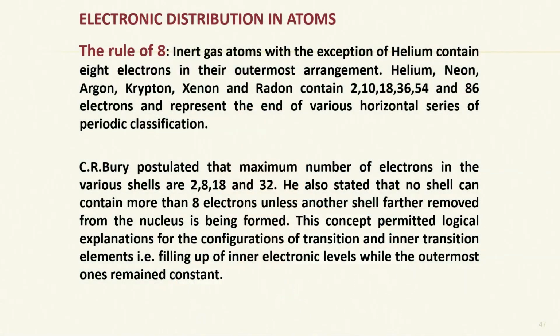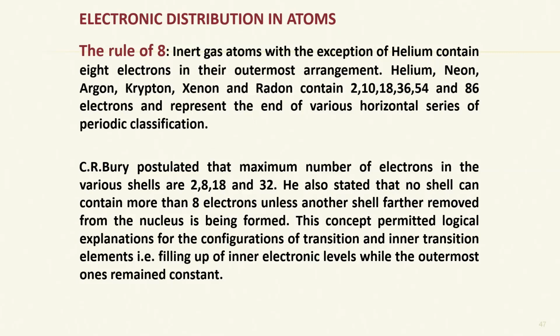So, look at this slide now. The electronic distribution in atoms: the first rule we have to consider is the rule of 8, that is, inert gas atoms with the exception of helium contain 8 electrons in their outermost arrangement.